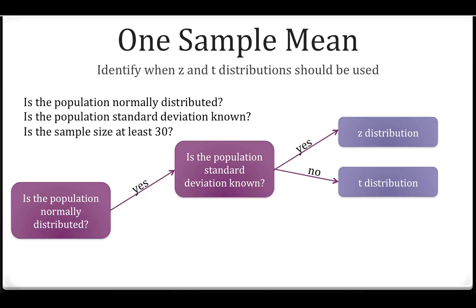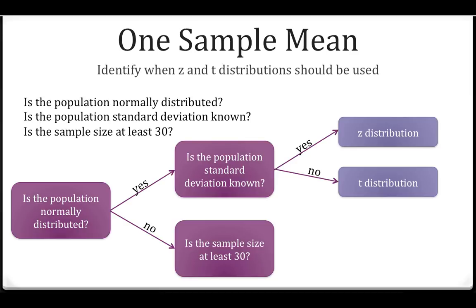If we go back to the beginning, what if the population is not normally distributed? So in this class, if in this scenario, you're not told that the population is normally distributed, or maybe you're told that the population is skewed, the next question you would need to ask is, is the sample size at least 30? According to the central limit theorem, if the sample size is at least 30, regardless of the shape of the original population, the sampling distribution will be approximately normal.